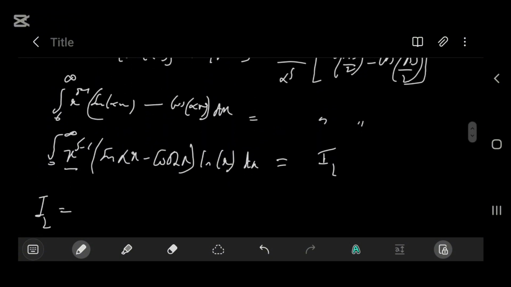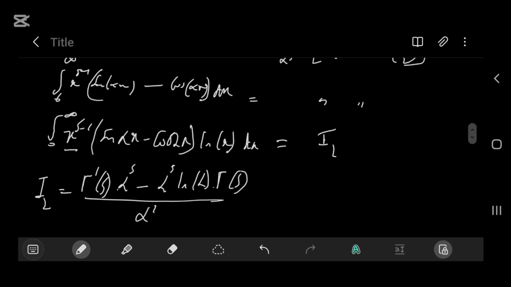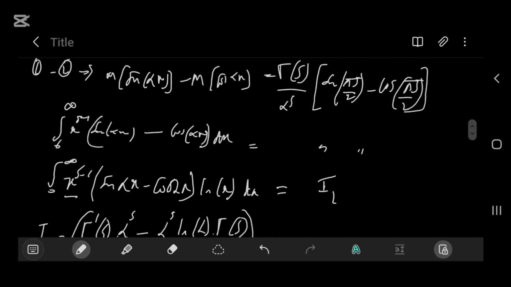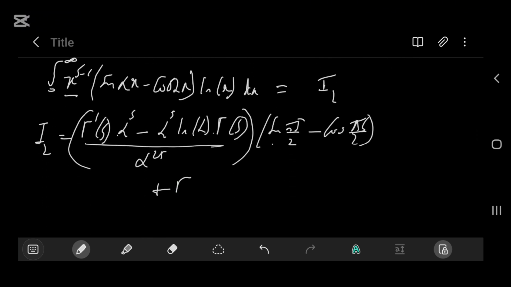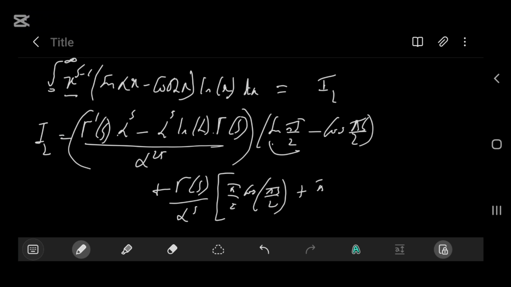We get gamma prime of s over alpha to the power s, minus alpha to the power s times logarithm of alpha times gamma of s over alpha to the power 2s, which we multiply by sine pi s by 2 minus cosine pi s by 2, plus gamma of s over alpha to the power s times, when differentiating, pi by 2 cosine pi s by 2 plus pi by 2 times sine pi s by 2.